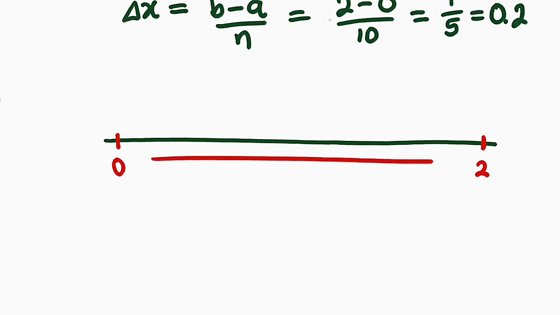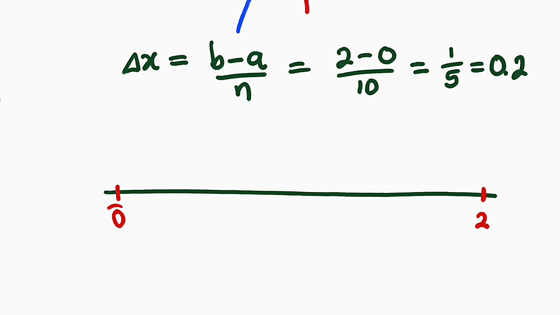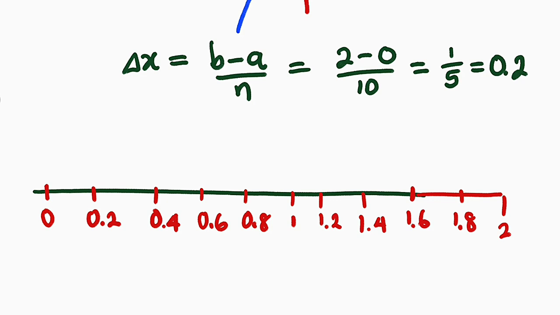So we are going to fill this space by adding 0.2. The next value after 0, you add 0.2, so we have 0.2. Then you add 0.2 again. That will give us 0.4. You add another 0.2. So these are the points we have.